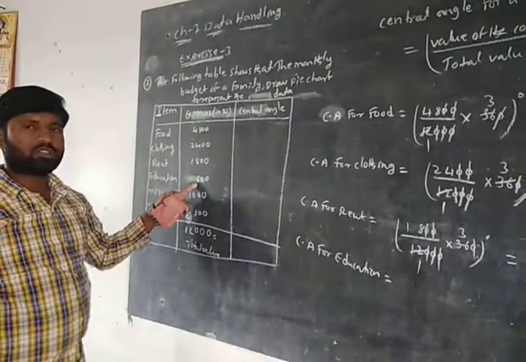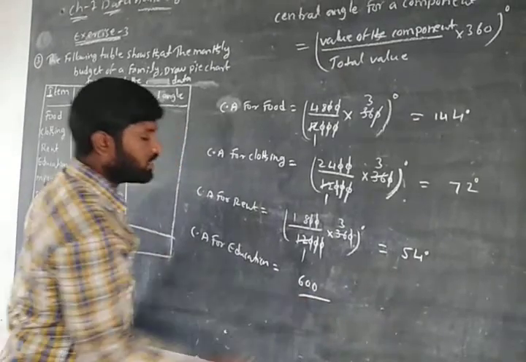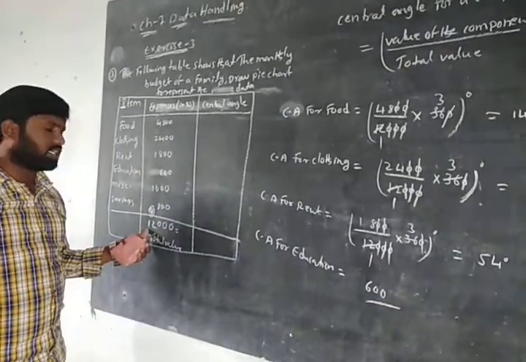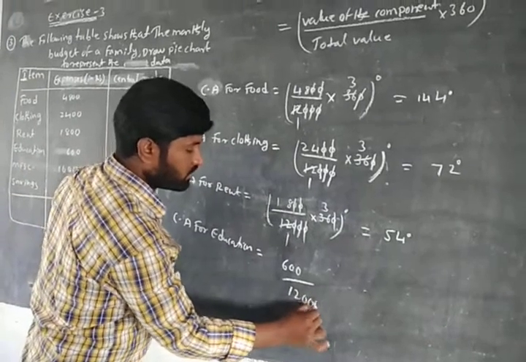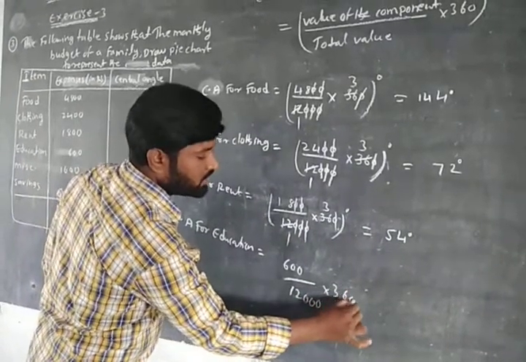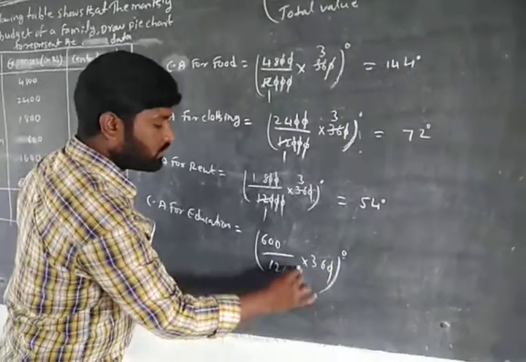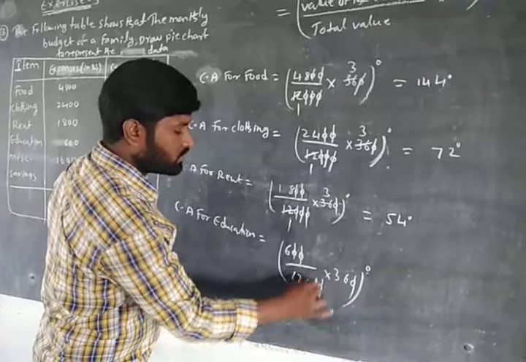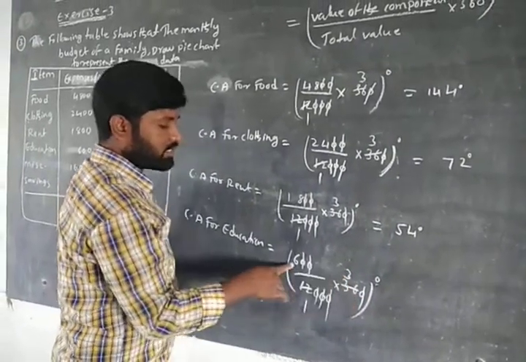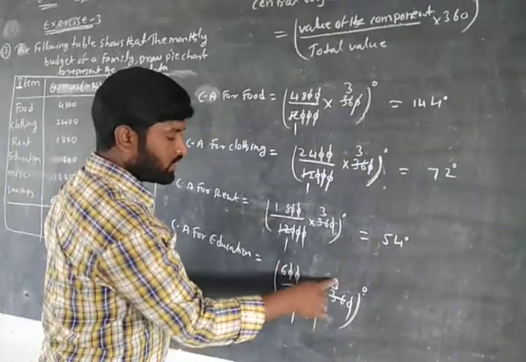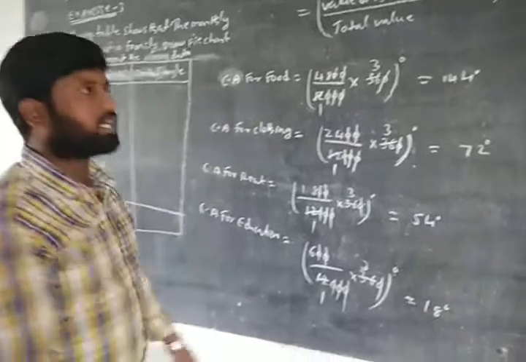They are spending 600 rupees only. 600 divided by the total value 12,000, into 360 degrees. The zeros cancel. 12 ones are 12, 12 threes are 36. Here 6 is there. 6 into 3: 6 threes are 18. We get 18 degrees.